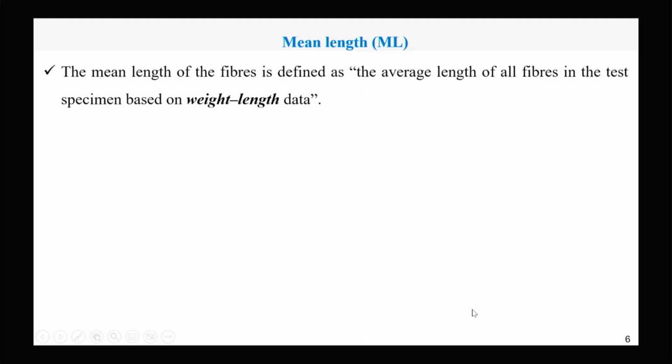Next parameter is mean length. Mean length is the average length of all fibers in the specimen based on weight length data. There are two types of mean length. One is weight length data and another is number length.